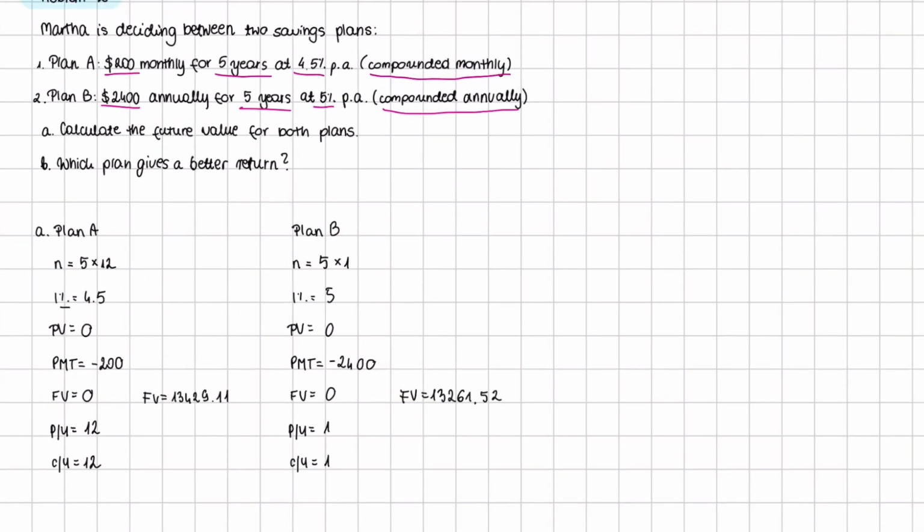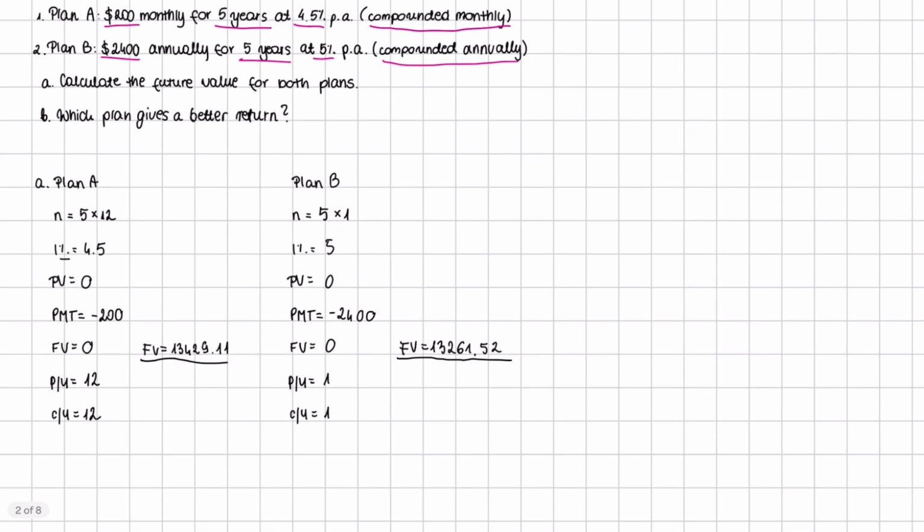And if you calculated it correctly by typing all this information into your GDC, you will have these answers, and we have also the question which plan gives a better return, so we can see that plan A, because it gives us a higher return, so it's better.